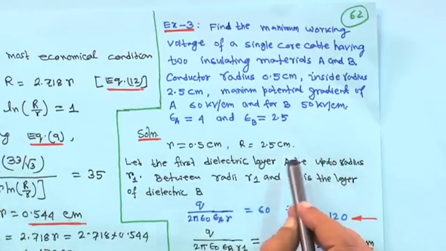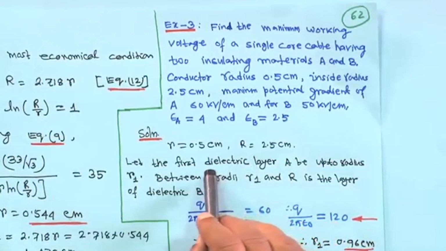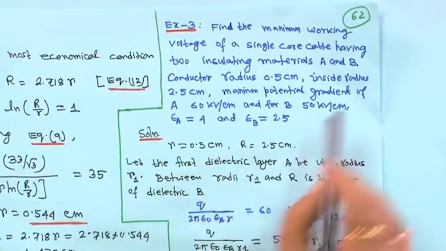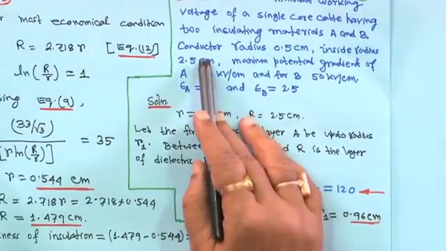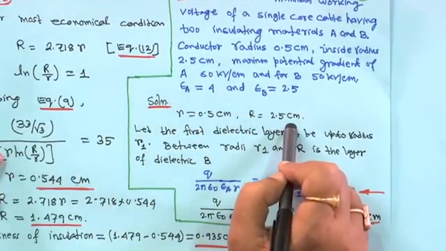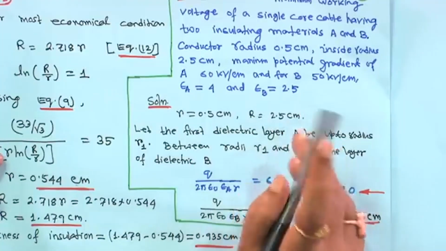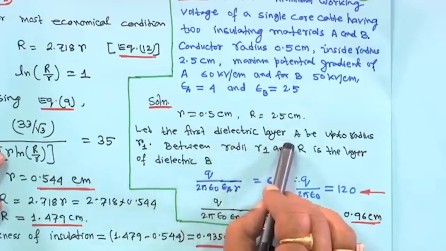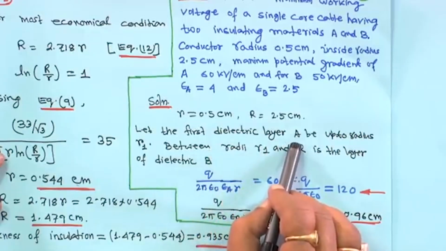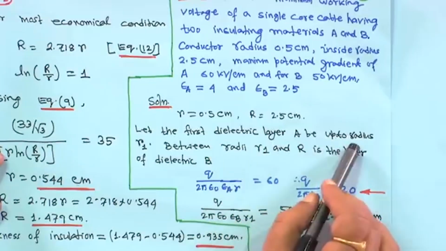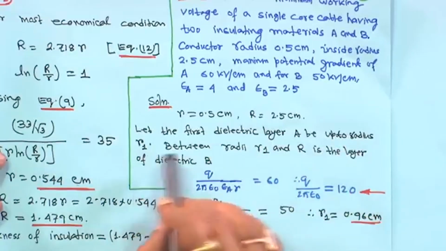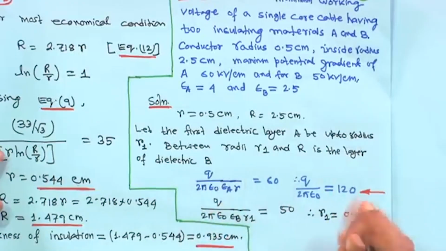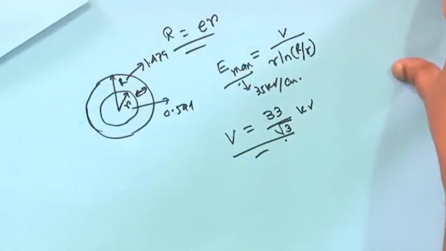Now, the conductor radius r is given as 0.5 centimeter and the inside radius is 2.5, that is capital R is equal to 2.5 centimeter, and you have two insulating materials A and B. Therefore, let the first dielectric layer A be up to radius R1, and between radii R1 and R is the layer of dielectric B. That means it is something like this, just hold on.